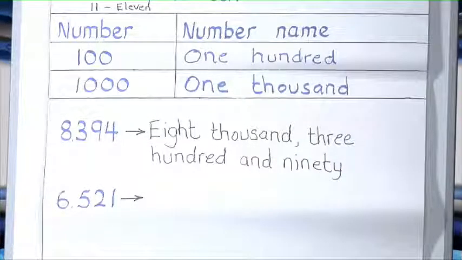Learners, remember, when we are arranging the numbers on the abacus, every number has its stand. This is the stand for ones. This is the stand for tens. This is the stand for 100, and this is the stand for 1,000.